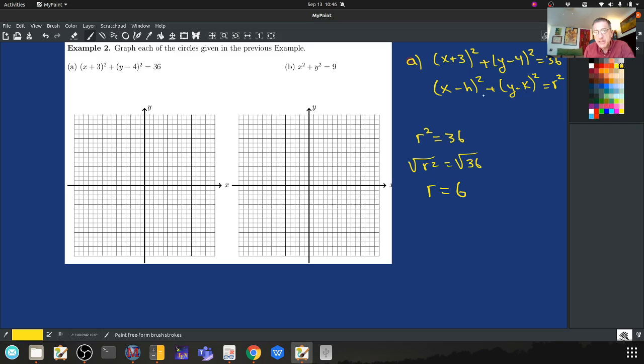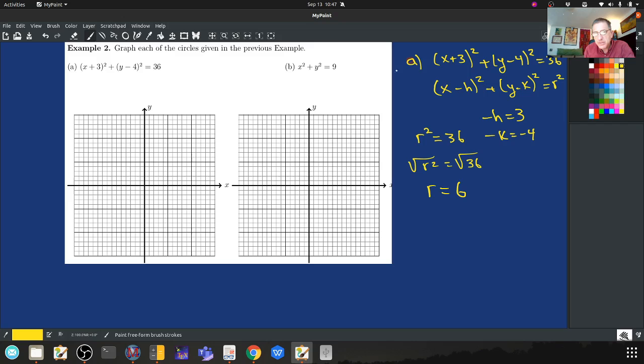And let's find the center point values. So −h is equal to 3, and −k is equal to −4.